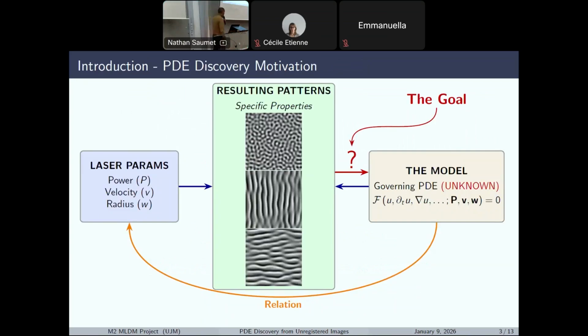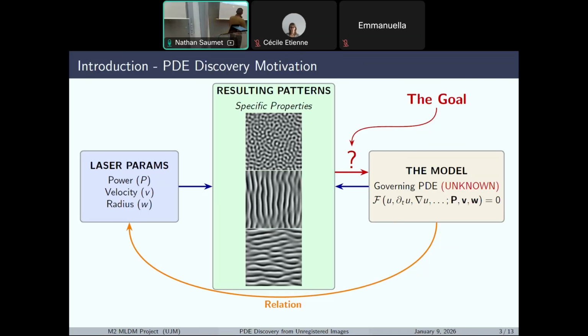So the motivation behind doing PDE discovery is that each resulting pattern that can be formed by different laser parameters can have different specific properties, so that can be useful, for example, in some industrial applications.